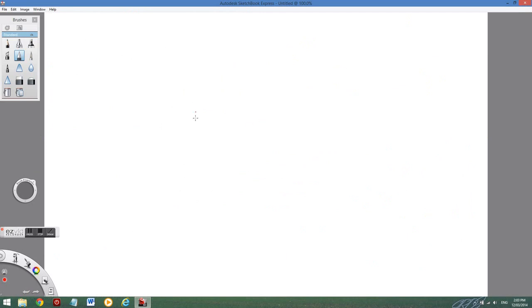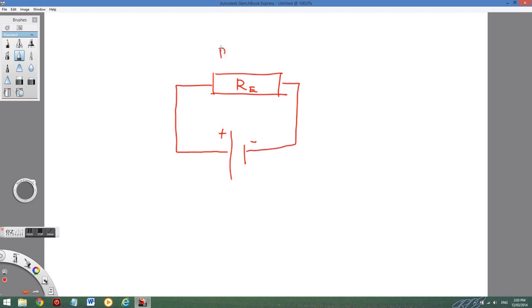Instead of 3 parallel resistances, they can use a single resistance RE, and RE will be 600 on 11 ohms.